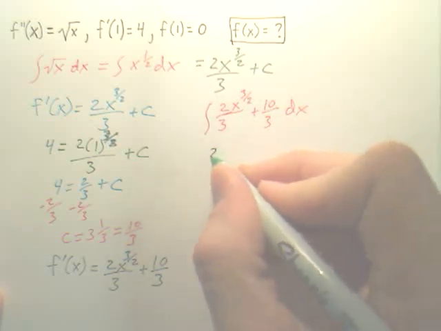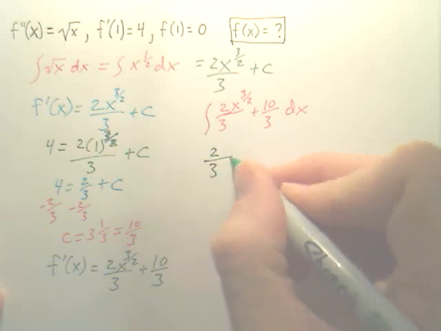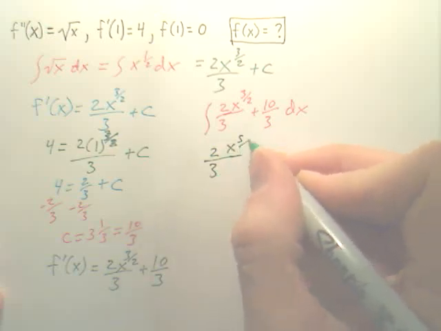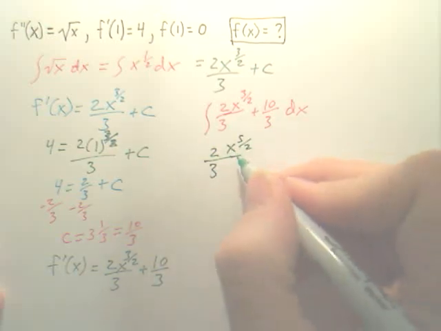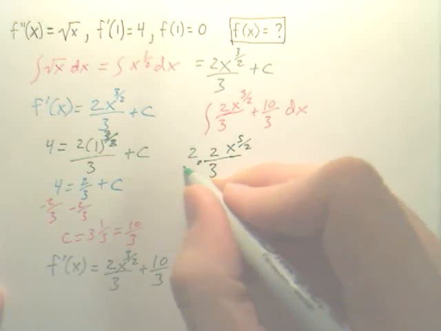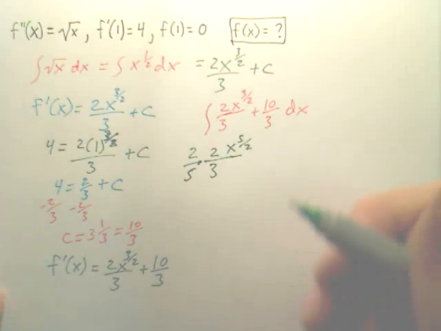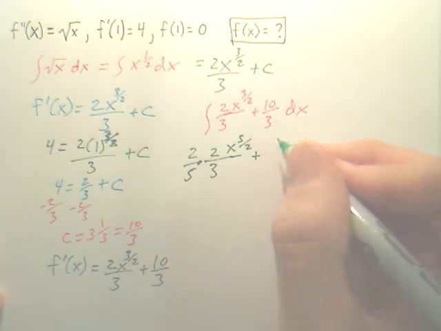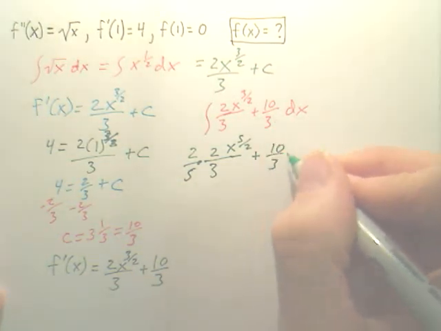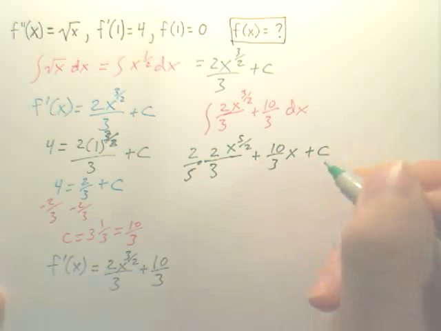We now have the 2/3, but it's going to be x to the 5/2, and then we divide by that, which ends up being multiplying by 2/5. Plus, don't you just add an x to that? Plus c.